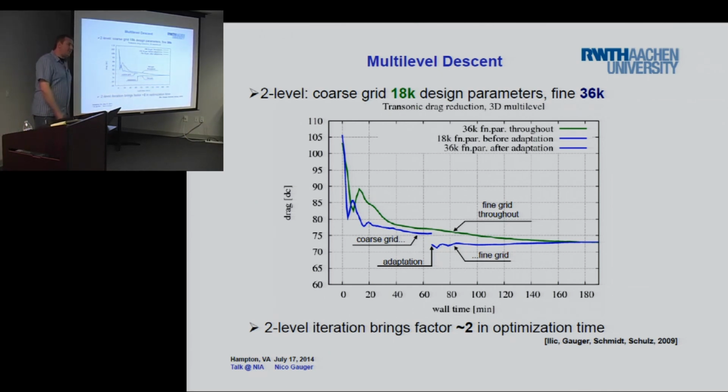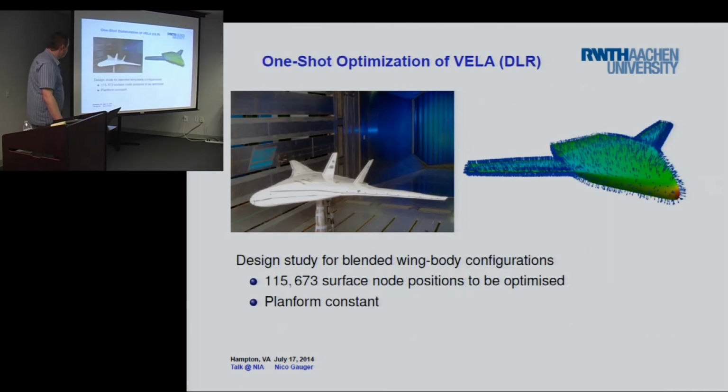A further PhD student of mine has incorporated dual-weighted residual methodologies. It's Lena Karlan's work, which also works nicely because you have the DWR sensor for local mesh adaptation in hand, because you have the adjoint incorporated in your one-shot loop. And this is a complex application, the DLR very efficient large aircraft, the big body configuration.